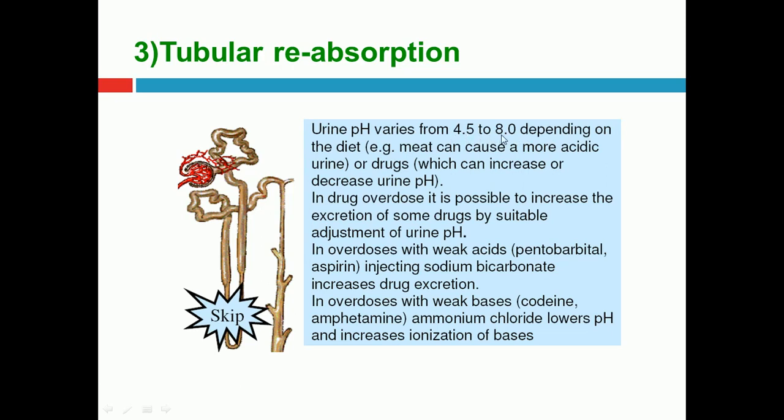The consumption of meat: meat has proteins made up of amino acids, made up of amines, and deamination occurs in the liver, and this can cause acidification of urine. And drugs which can increase or decrease urinary pH, for example sodium bicarbonate, a basic substance, can cause basic pH.